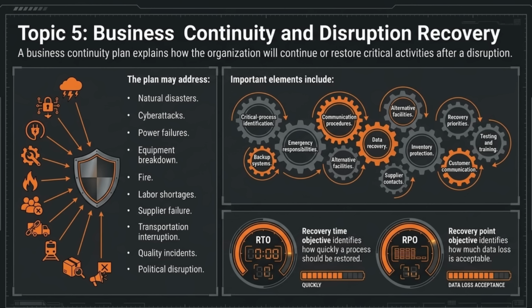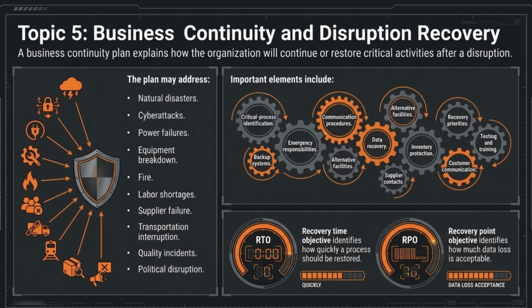Important elements include critical process identification, emergency responsibilities, communication procedures, backup systems, alternative facilities, supplier contacts, data recovery, inventory protection, customer communication, recovery priorities, testing and training.